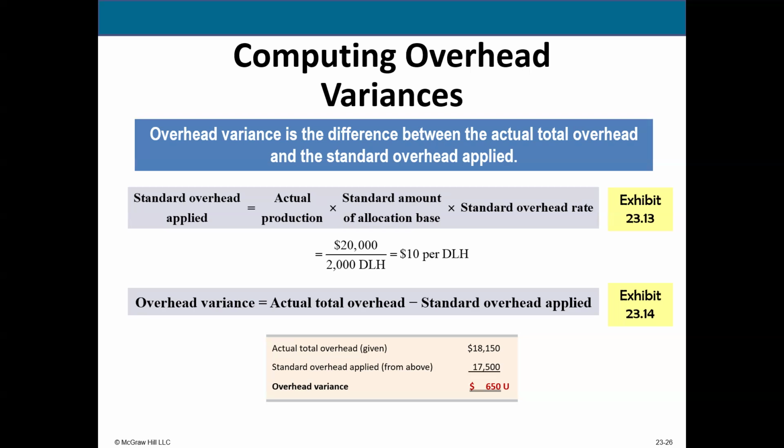Our standard applied overhead in that formula is 17,500. So we take the actual total overhead, which was 18,150 that was given to us, minus the 17,500, giving us an unfavorable overhead variance of $650.